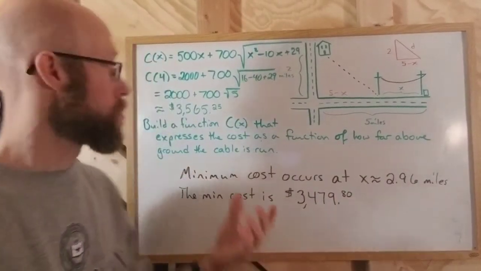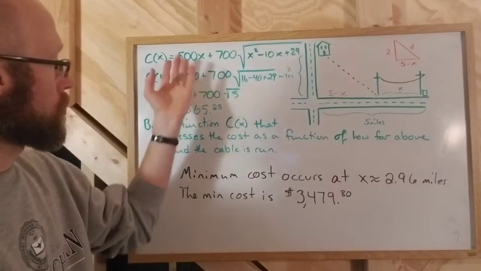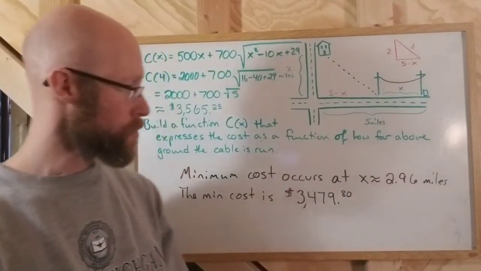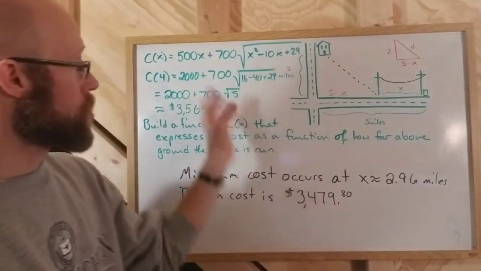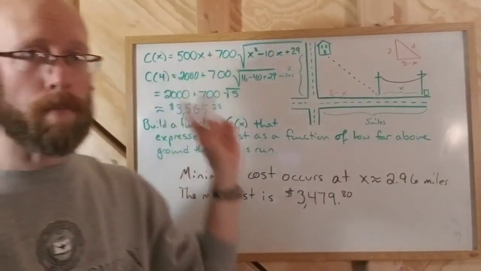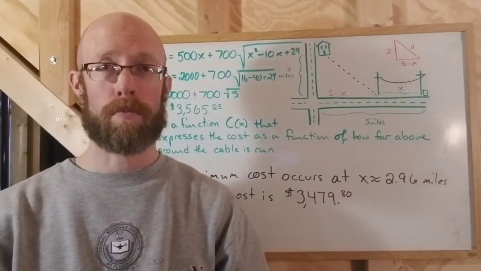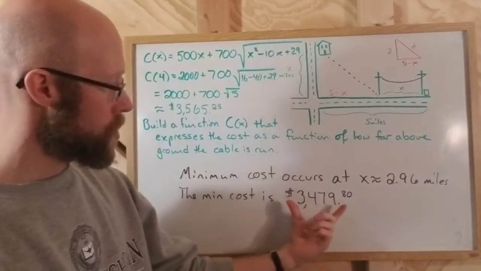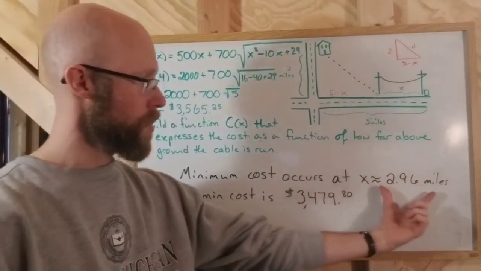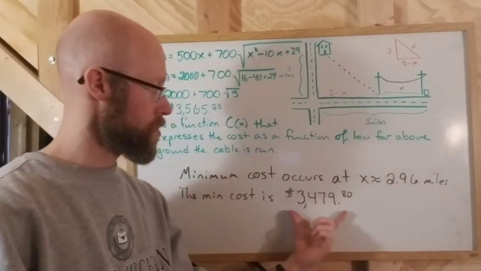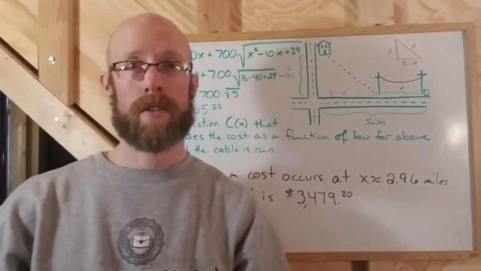Now, of course, if I change the original rates of 500, 700, if those change, then that would change where this is. It doesn't change our function, just changes those two numbers. That's all it would really do. The derivation of the formula would be the same, but it would change where it turns in, and it would also change the minimum cost.